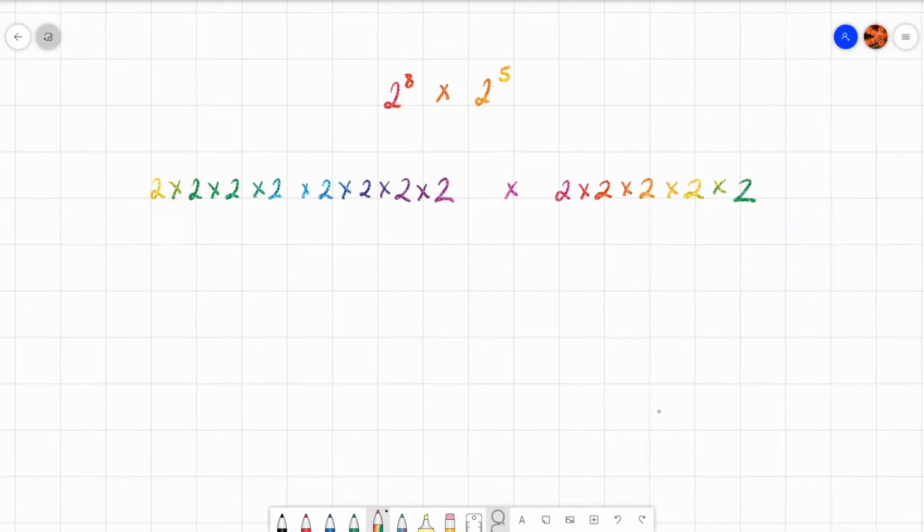How many times have we multiplied 2 by itself? Well, 13 times. So 2 to the power of 13. That's the answer. And we could have got that by just doing 8 add 5.